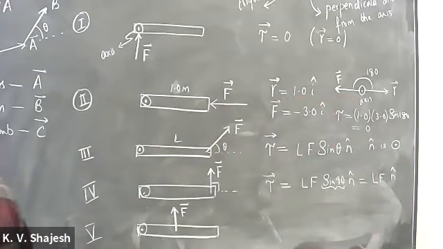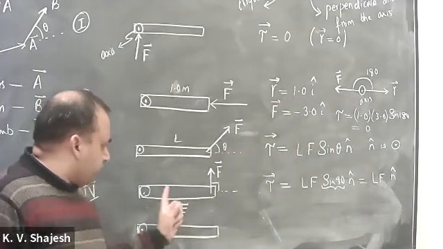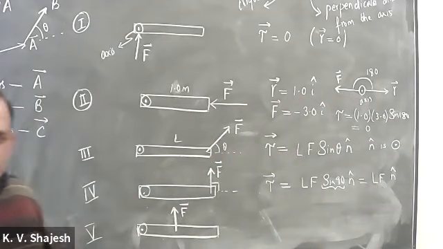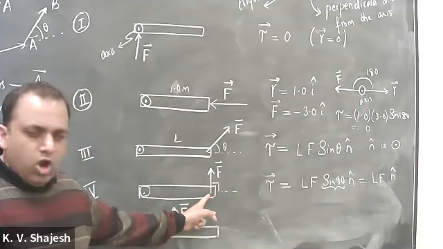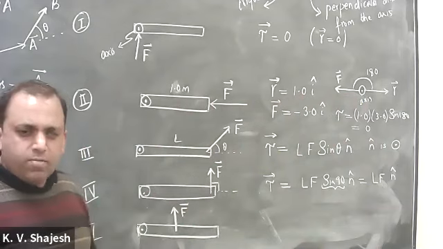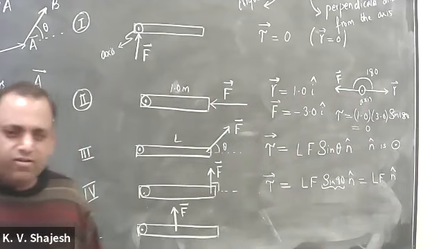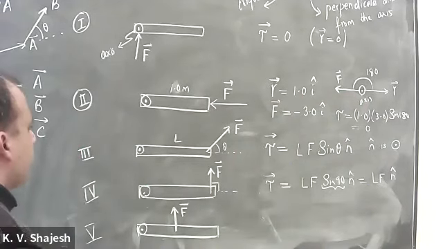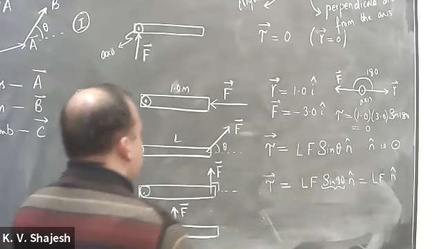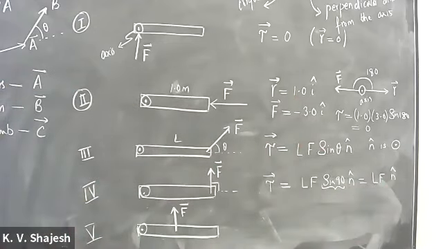So the best way of opening the door is to exert the force at the extreme end of the door and perpendicular to the door. That's why you have the door knobs on the extreme end of the door. You typically don't see door knobs attached to the center of the door, right? So it's much less force to be exerted in that direction. And n hat here again is coming out of the board.